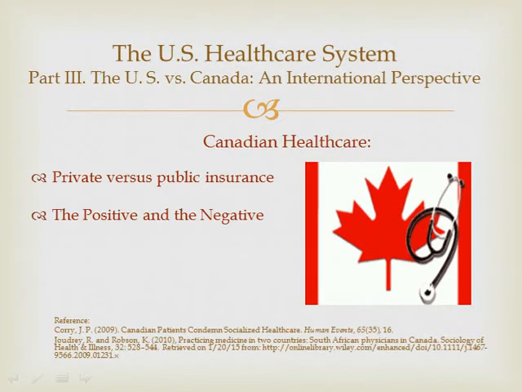Some of the cons or negatives of the Canadian healthcare system are that the patients are forced to see their primary care doctor prior to seeing a specialist, unlike what we know as a PPO insurance in America. And that choice has been taken away.